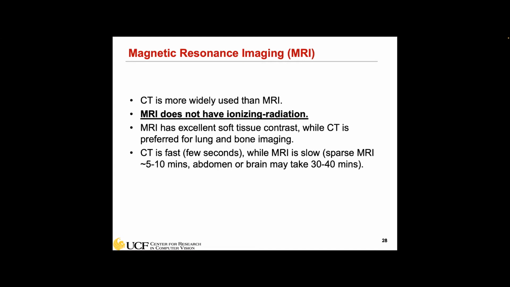But one advantage of MRI is it does not have ionizing radiation, not like CT or X-ray, which do. And MRI is also excellent for imaging soft tissue, with very clear contrast, but CT is preferred maybe for lung and bone imaging.